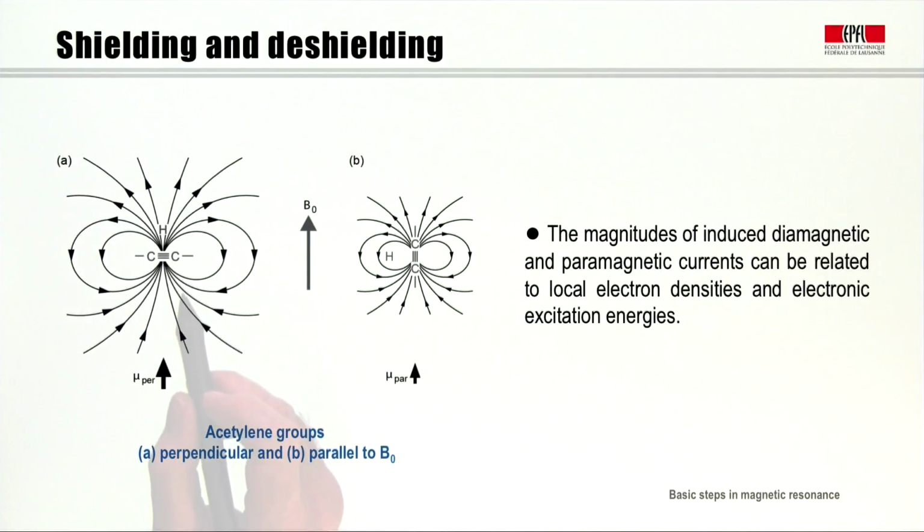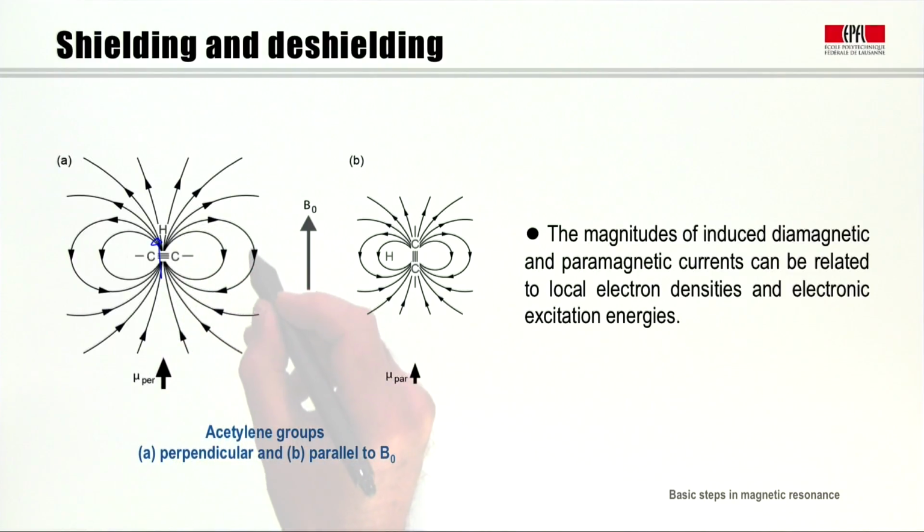And it turns out that, somewhat against intuition as far as mine is concerned, if the triple bond is perpendicular to the external field, then there are strong currents within this conjugated pi electron system, and the net effect of that is a paramagnetic shift, where there is a strong dipole which is parallel to the external field.